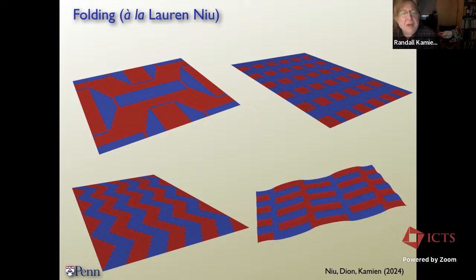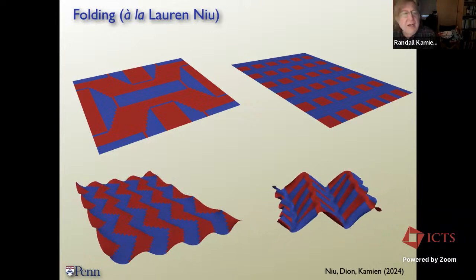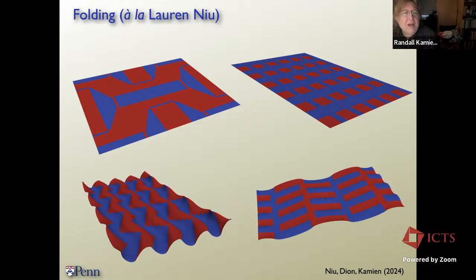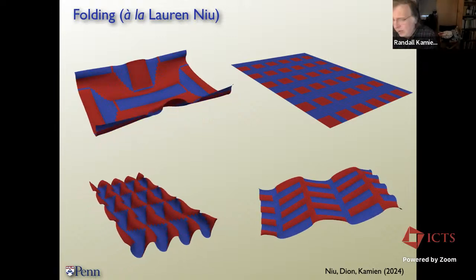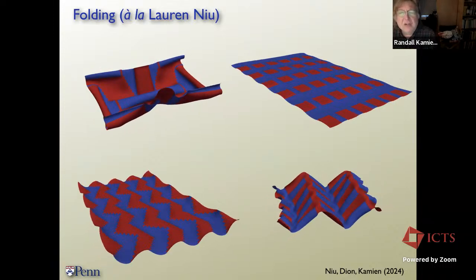And all we did here is we said, oh, the red and the blue are regions. All the regions like to have Gaussian curvature.